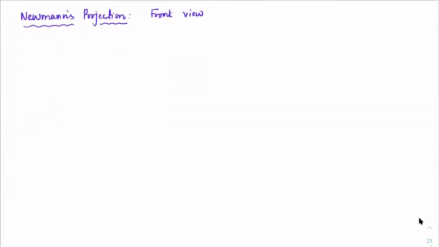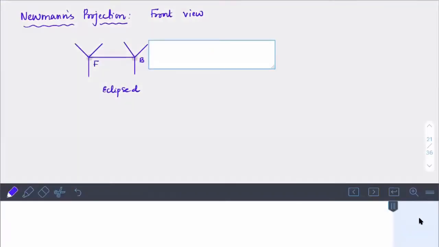All right, so if I take any eclipsed form like this, on this eclipsed form I would make this carbon and this carbon the front and back carbon. The front carbon I will always represent with a point.